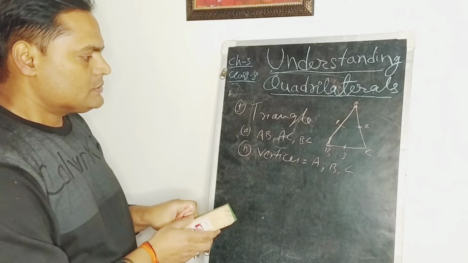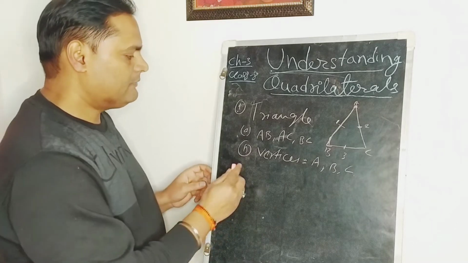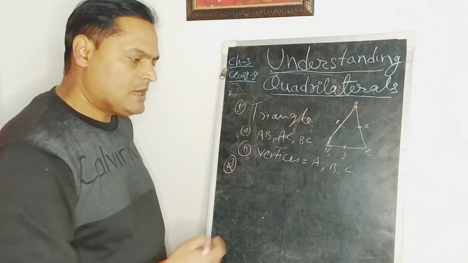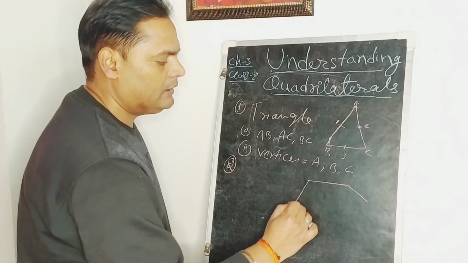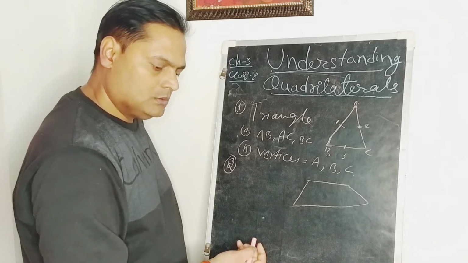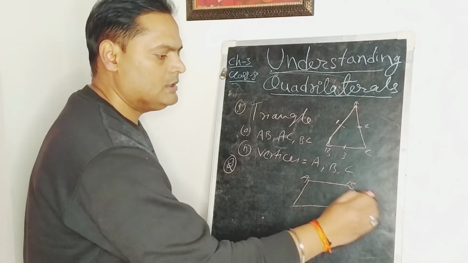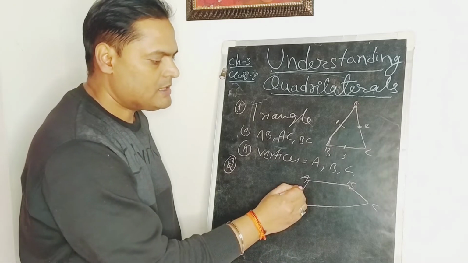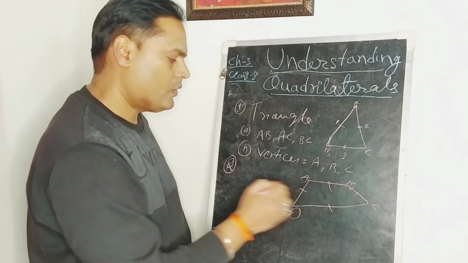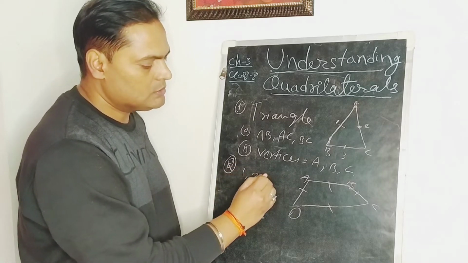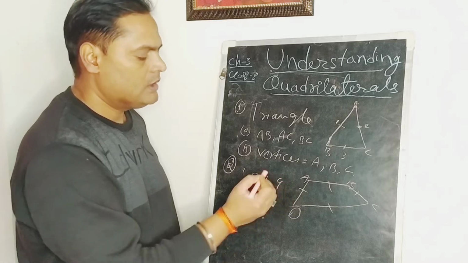Similarly, we have many more polygons, for example a quadrilateral. If I draw any quadrilateral like this and name it A, B, C, D, the two conditions are sides 1, 2, 3, 4.